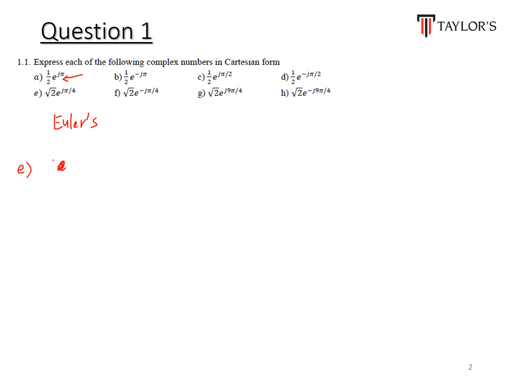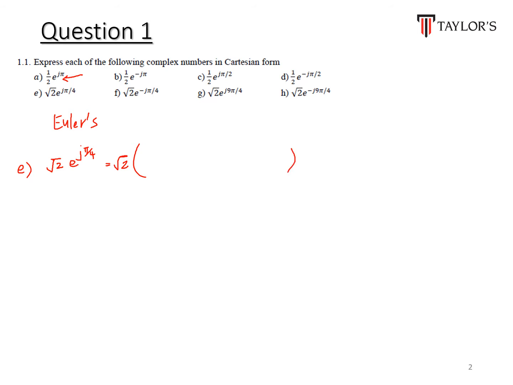So on example E, you have the square root of 2 e to the power of j pi over 4. We just ignore the square root of 2 for now and write it out. And then e to the power of j pi over 4, what is it after you do the Euler expansion?